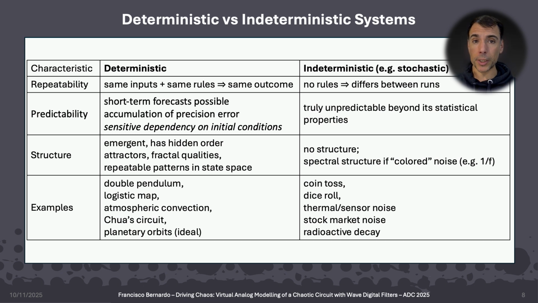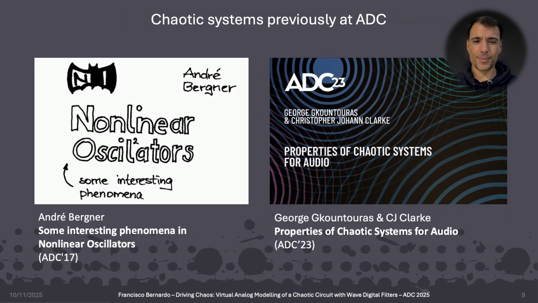They are truly unpredictable beyond their statistical properties, such as the distribution or the mean or the variance. They show no structure whatsoever, with some exceptions in the spectral domain.